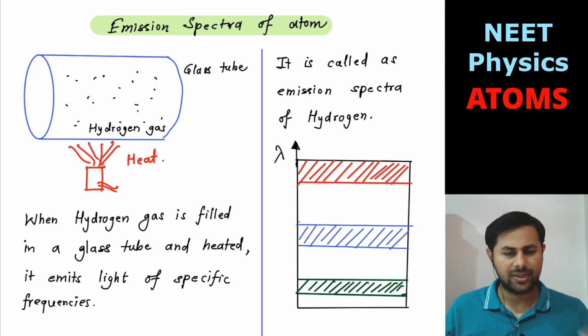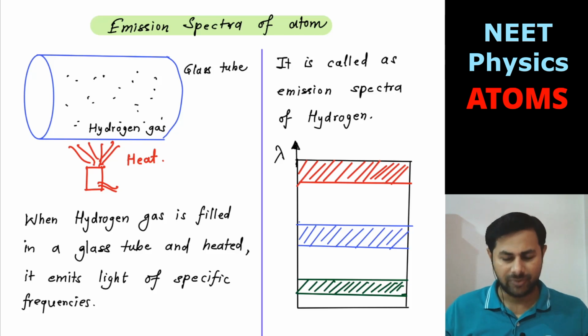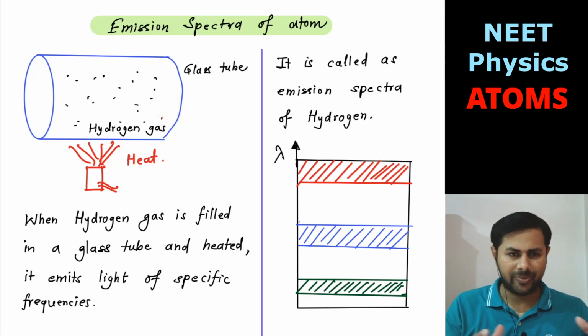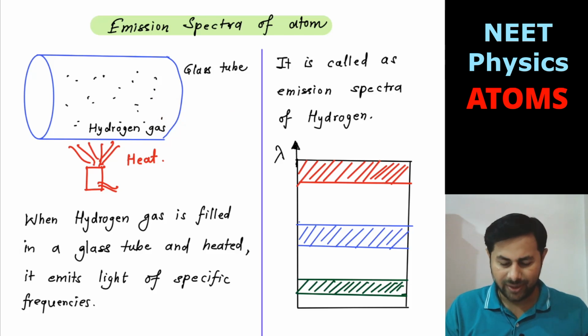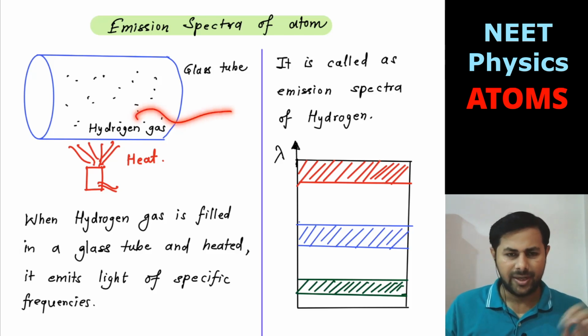What happens is the gas becomes excited, okay, then it will emit electromagnetic waves. That means it will emit light of certain frequencies, and the light that it emits is different for different gases. Okay, but for the same gas the light would be the same. That means the frequencies that it emits would be the same.